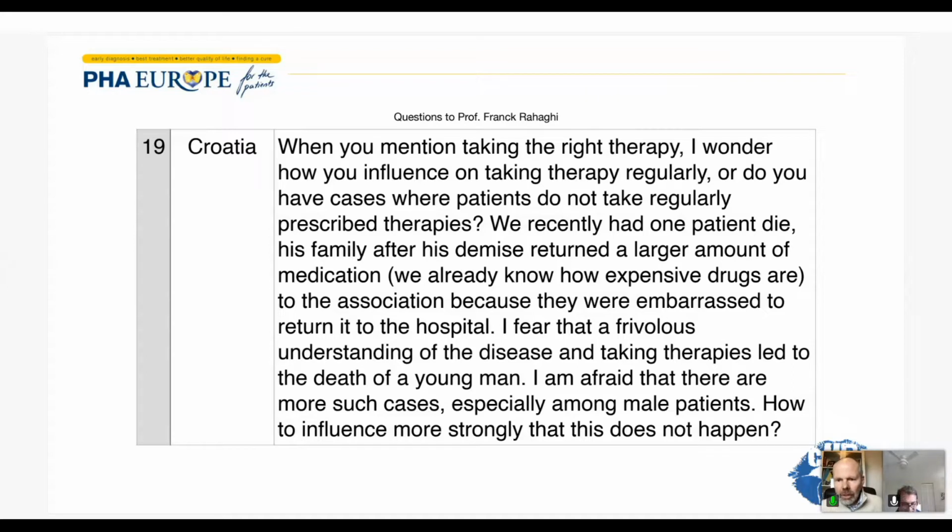We already know how expensive drugs are, because they were embarrassed to return to the hospital. I fear that the frivolous understanding of this disease and taking therapies led to the death of the young man. I am afraid that there are more such cases, especially among male patients. How to influence more strongly so this does not happen?